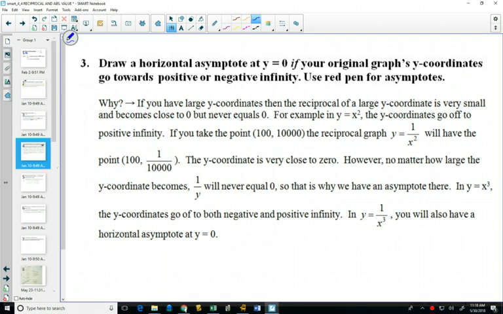And again, we'll see why that happens. As a point, if you had a point with a really, really big y value, when you change that y value to 1 over y, it becomes really, really small. And it keeps getting smaller and smaller and closer to 0. And that's why there's a horizontal asymptote there.